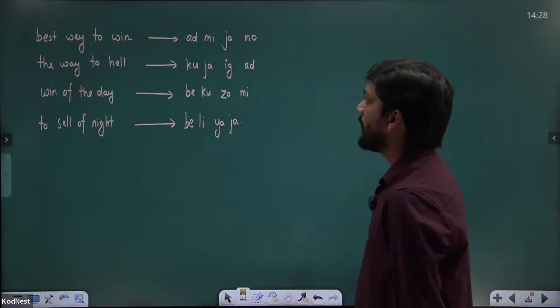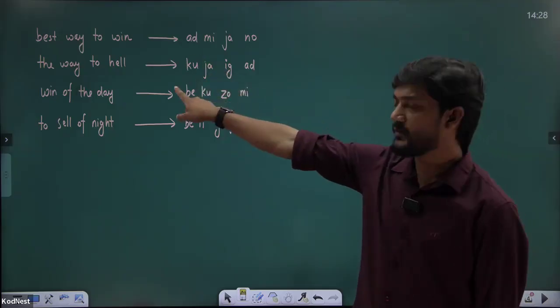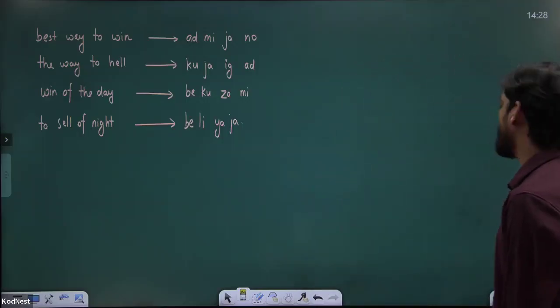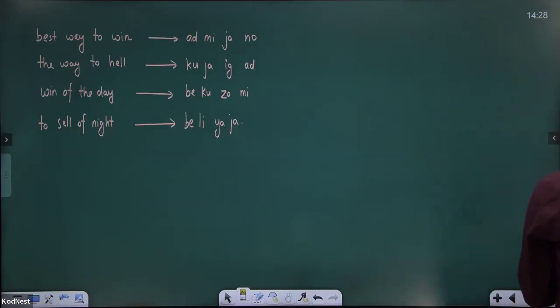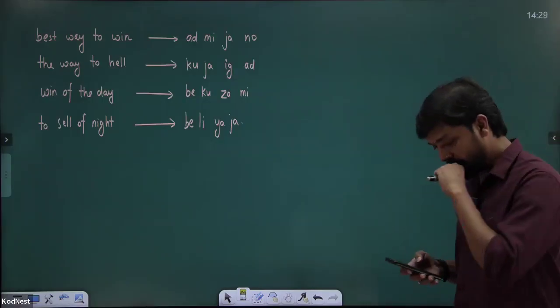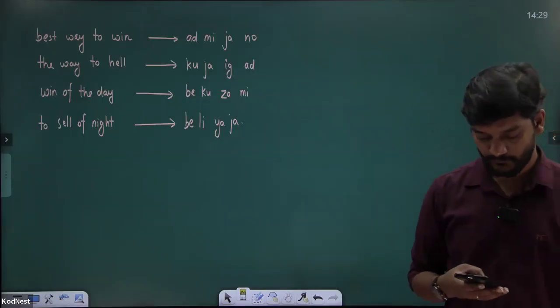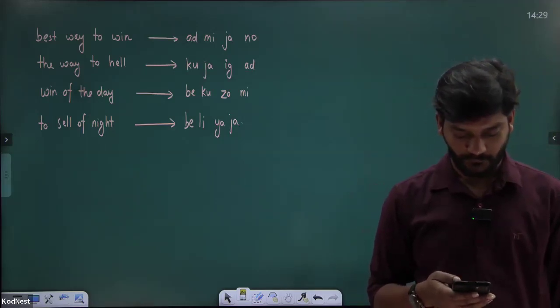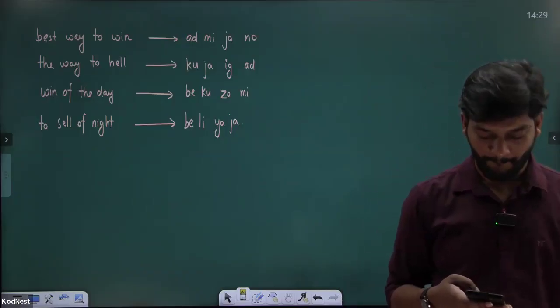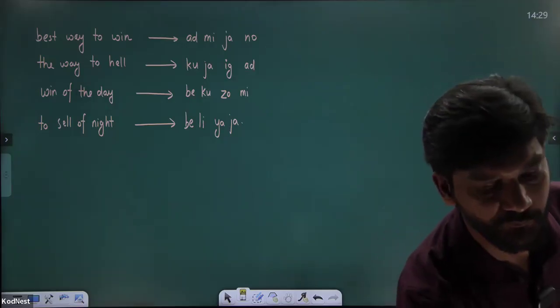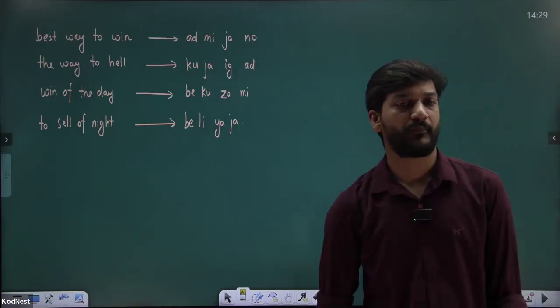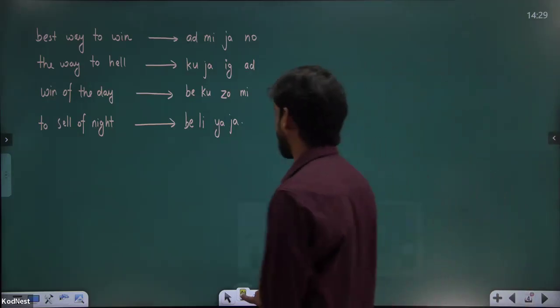All right. Please answer, what word do you see most number of times on the left side? Most number of times. Two. Okay.